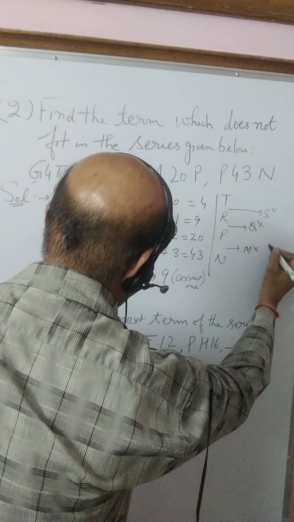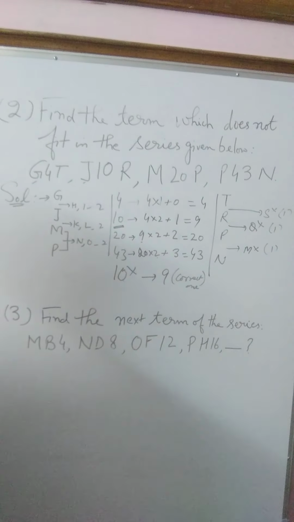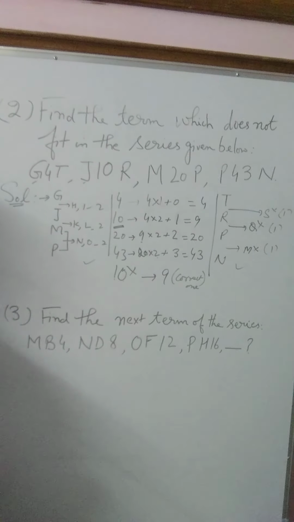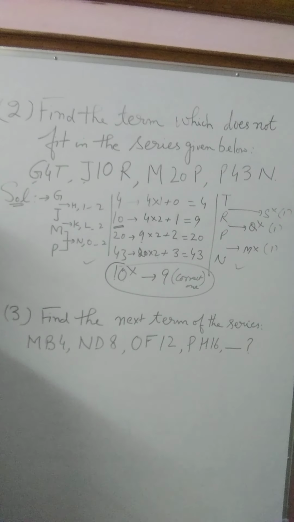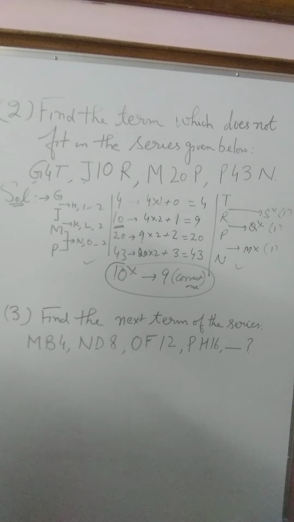So one uniform alphabet is missing from each part, so it is also okay. There is no mistake in here. So the only mistake is somewhere in this thing, 10 and 9. Instead of 10 we should have 9.